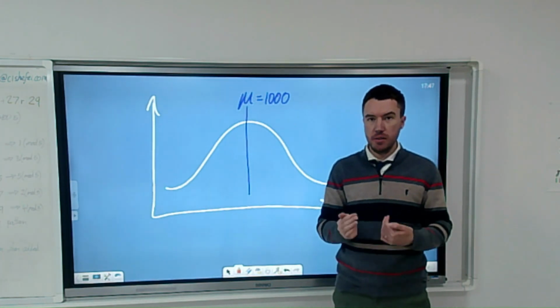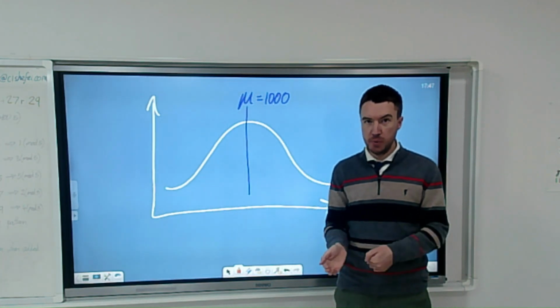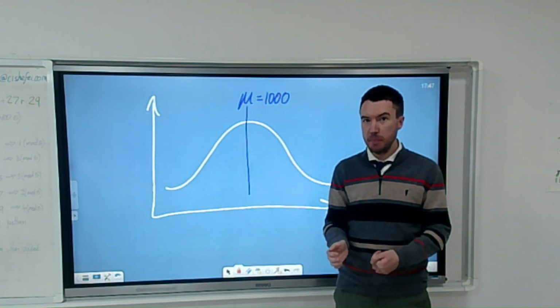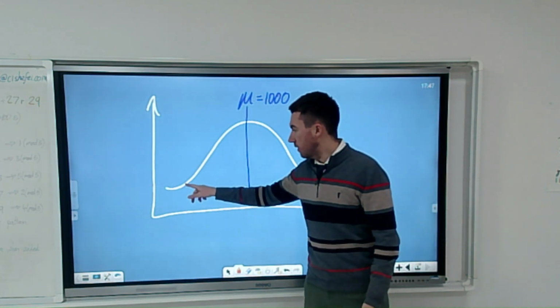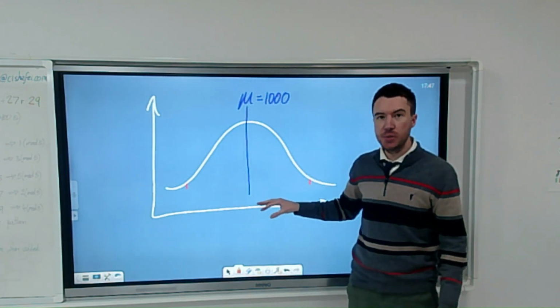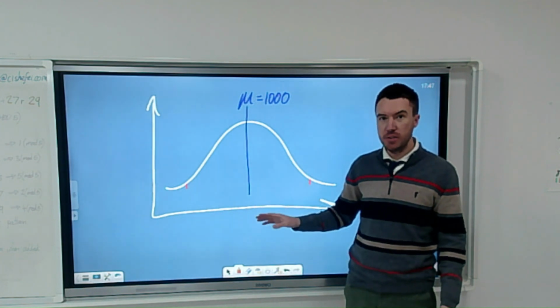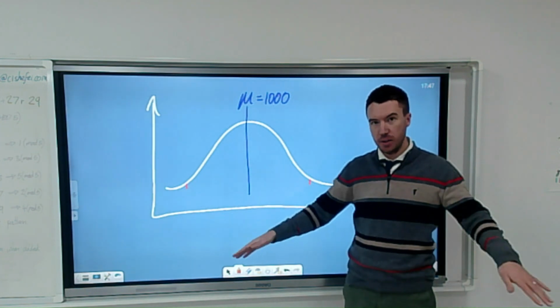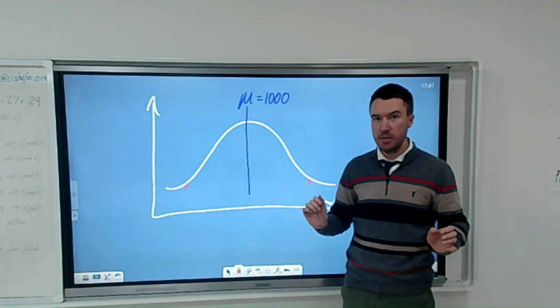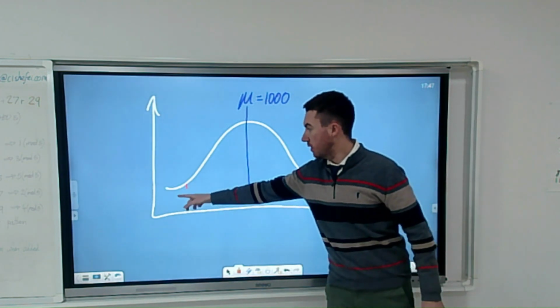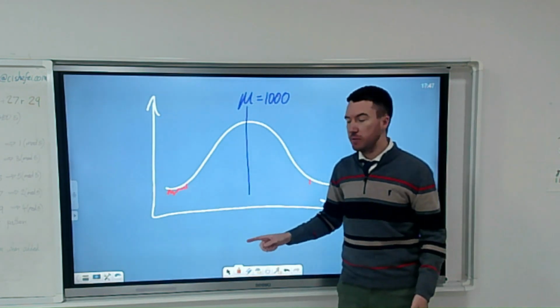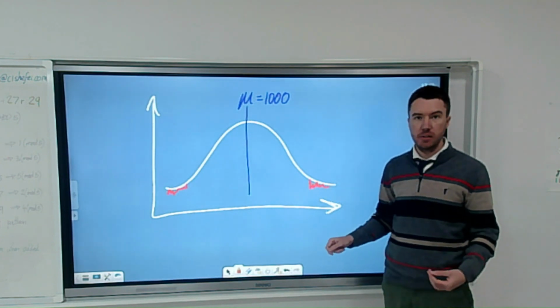Now, if our significance level is 5%, that means that 5% of the total area under the graph is critical region. Because the graph is symmetrical, that means it's 2.5% of the area here and 2.5% of the area here.